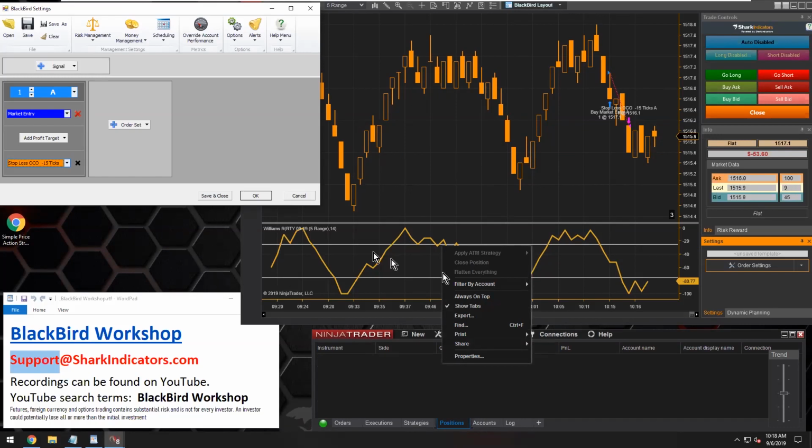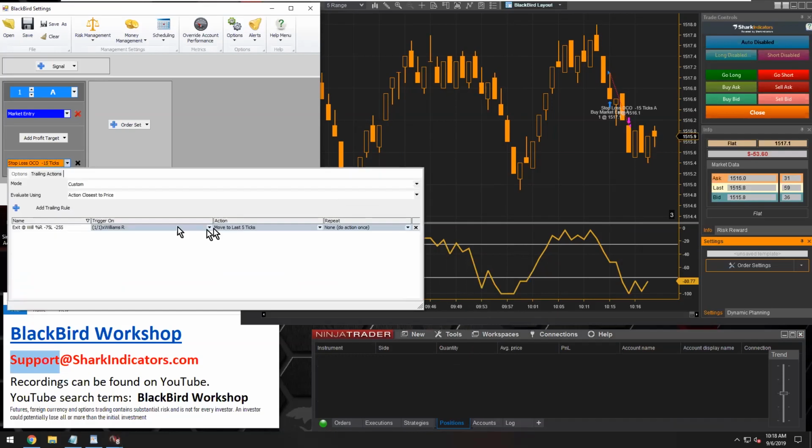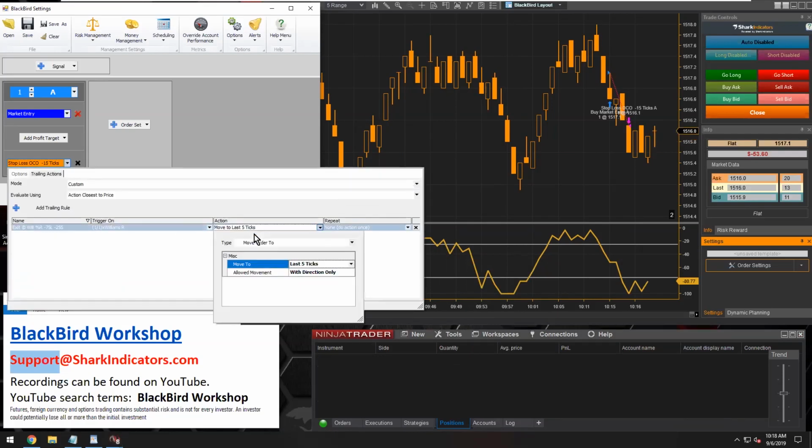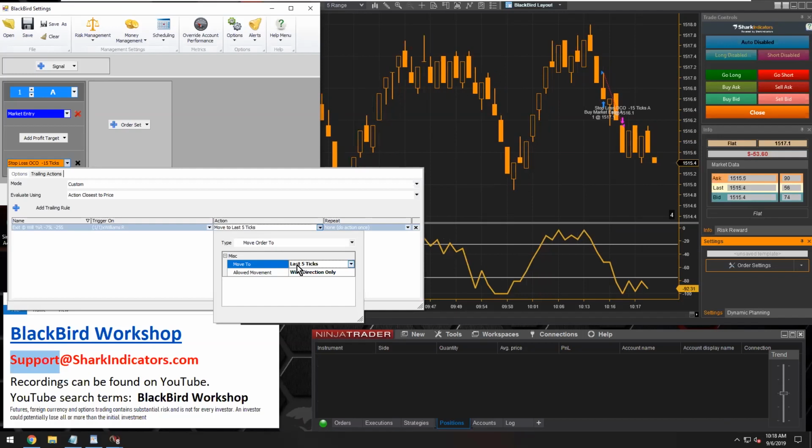So that is what this trailing rule is accomplishing by moving your stop loss into the last price or into the market with a few extra ticks. That's the same thing as doing a flatten everything, and you just get filled wherever the market happens to be.